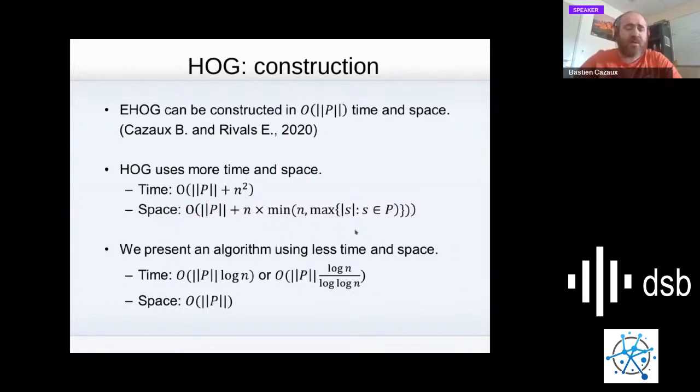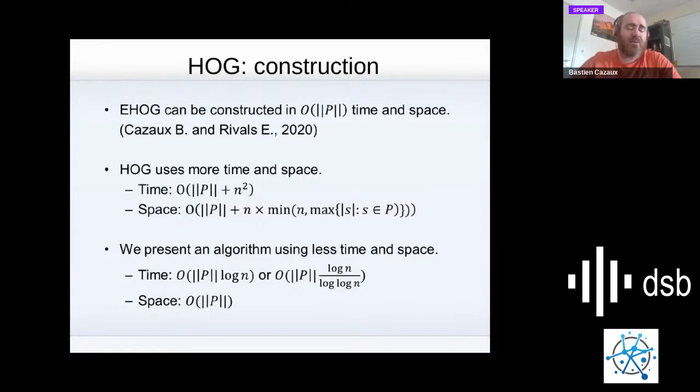Okay, but in fact, you can see that if all the strings of P have the same length, this is in big O of norm of P. So where the strings of P have the same length, it's okay for the space complexity.